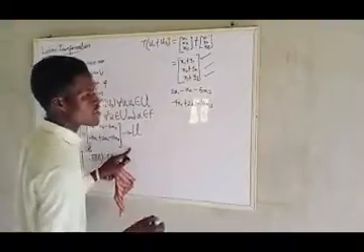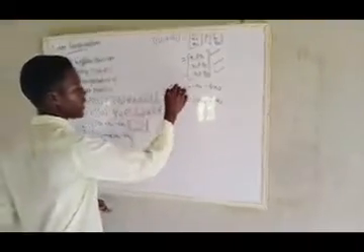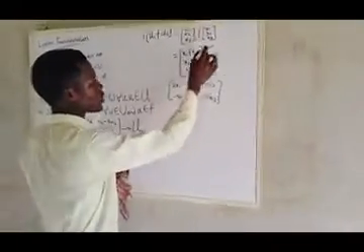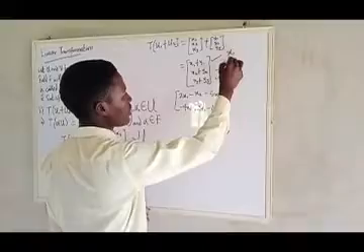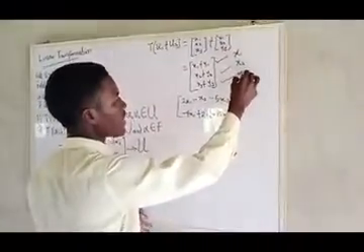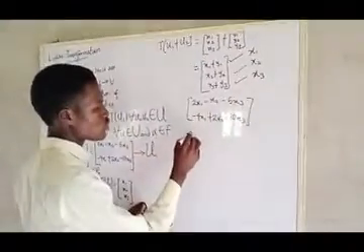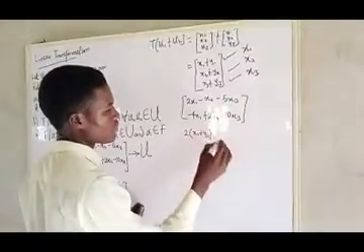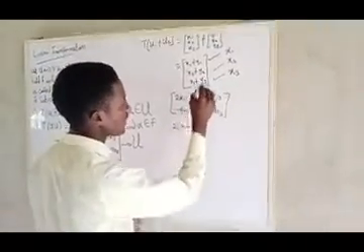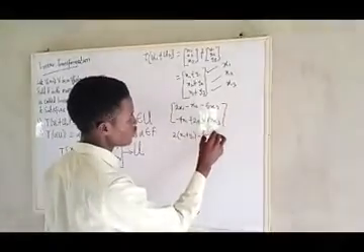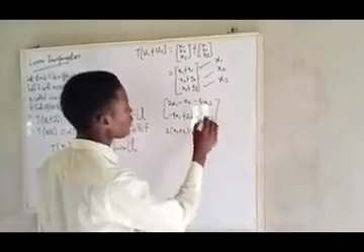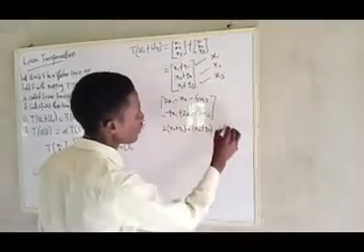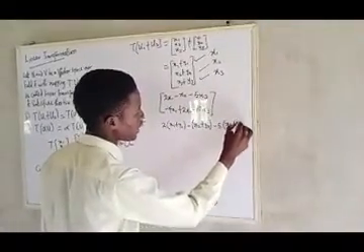Anywhere you see x1, put this. So this is your x1, this is your x2, and this is your x3. That will now be 2 open bracket x1 plus y1 minus, what is the x2? x2 plus y2, minus 5 open bracket, what is the x3? x3 plus y3, right?